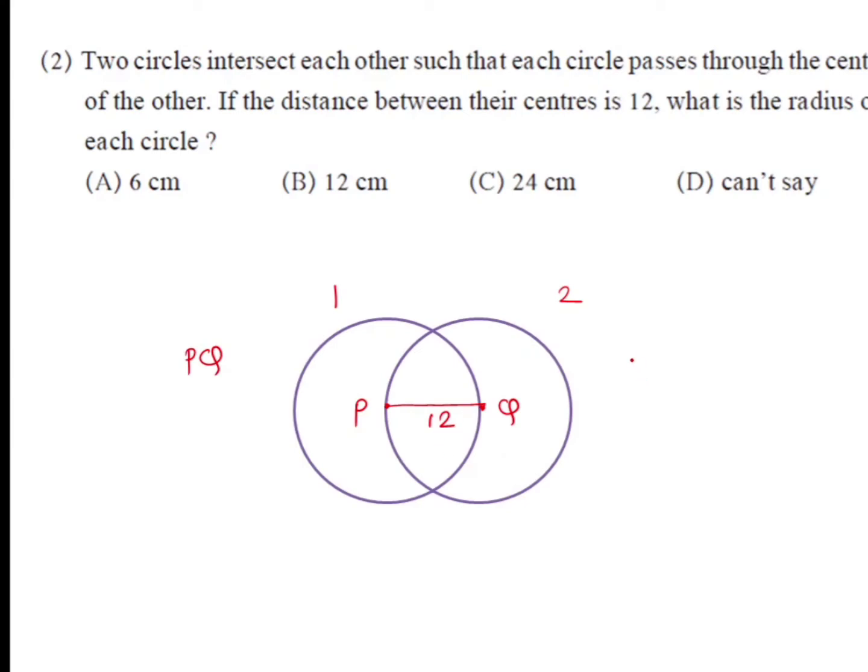So again, for the second circle also, PQ is the radius. And PQ is nothing but the distance between the centers of these two circles, and it is given to be 12. That's why the radius of both the circles is 12. So here we have the answer 12 at option B. That's why option B is the correct alternative.